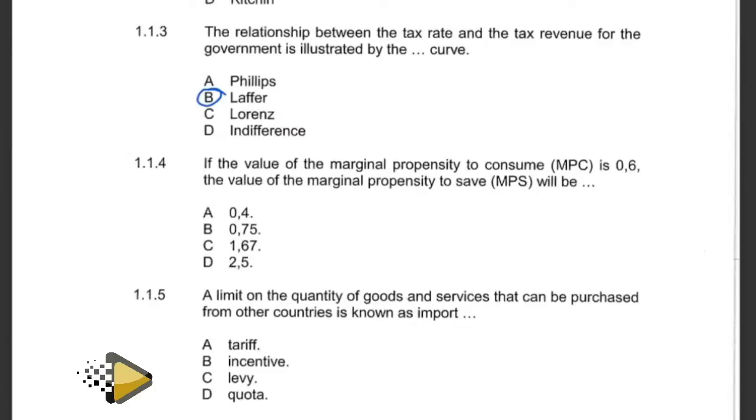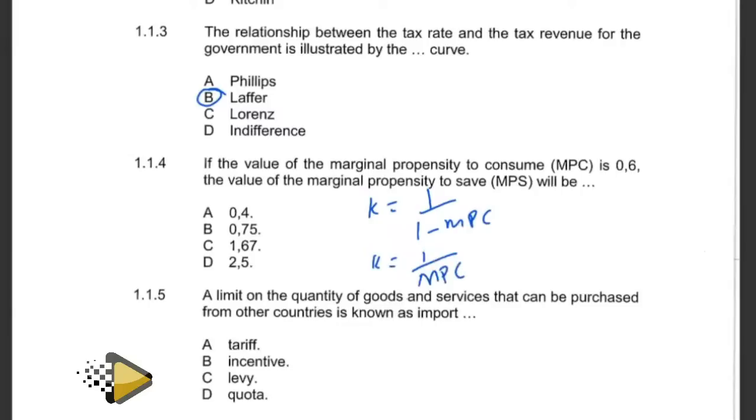Okay, right. So now, if you still remember, grade 12s, whenever we calculate the multiplier, it is always 1 minus the marginal propensity to consume, or we can also use the formula 1 over the marginal propensity to save.